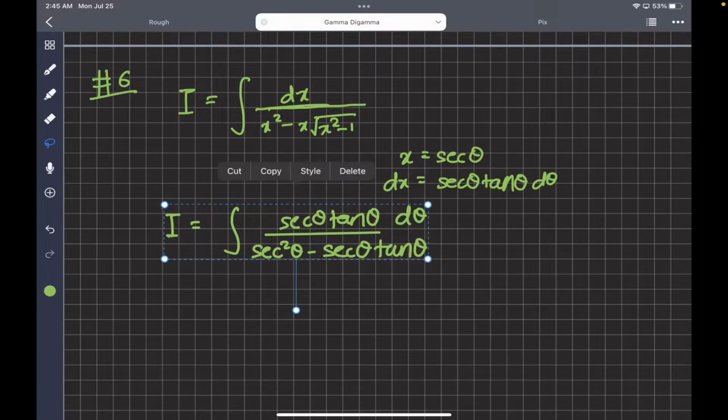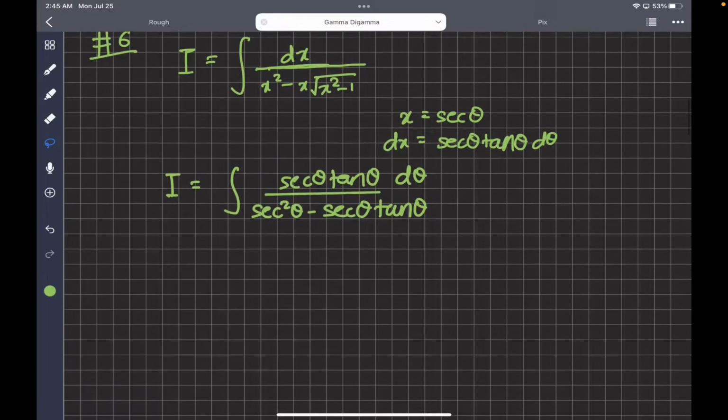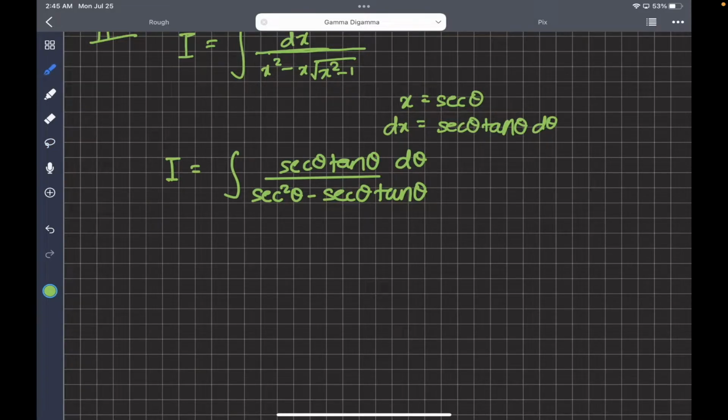I'll just resize this a little bit so that it's clear. Okay, what we can do here is cancel the secant theta from numerator and denominator. So we just have tangent theta divided by secant theta minus tangent theta d theta.